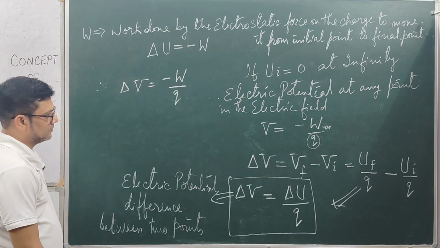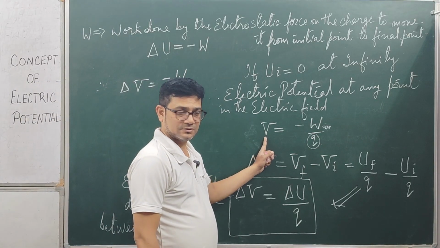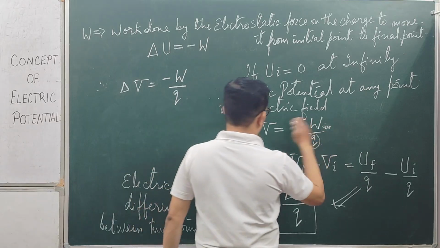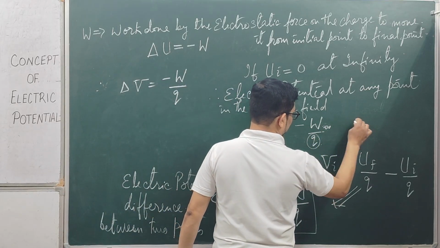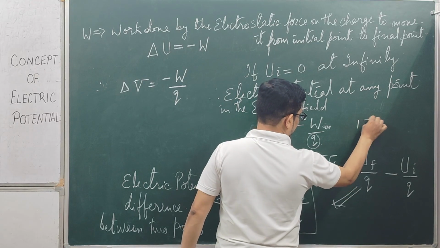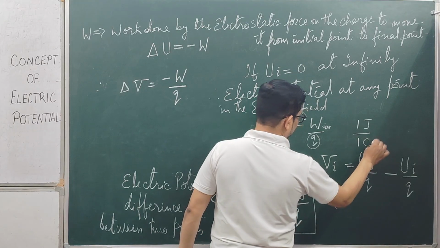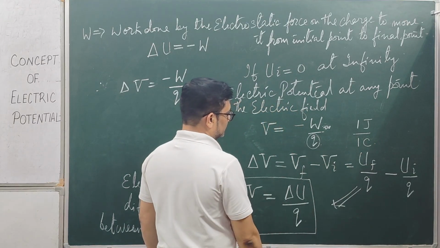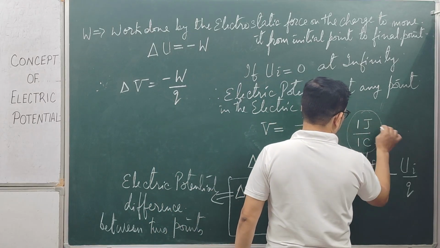If you want to get the unit for this, it's going to be joule. The work done is in joules, and this Q is 1 coulomb. So you can write 1 joule divided by 1 coulomb, and this is going to be the SI unit.